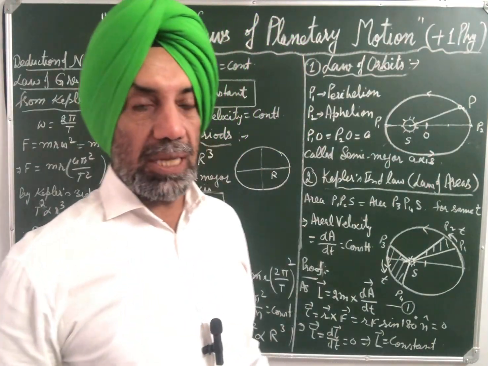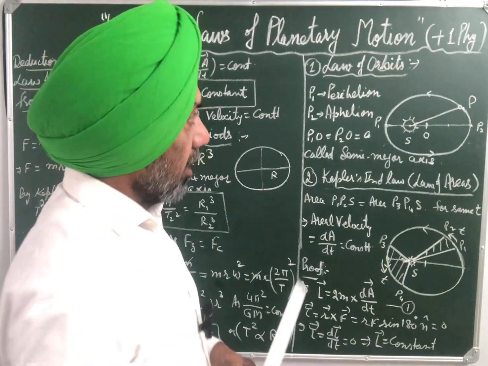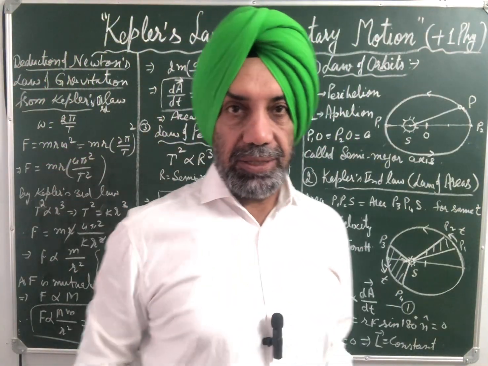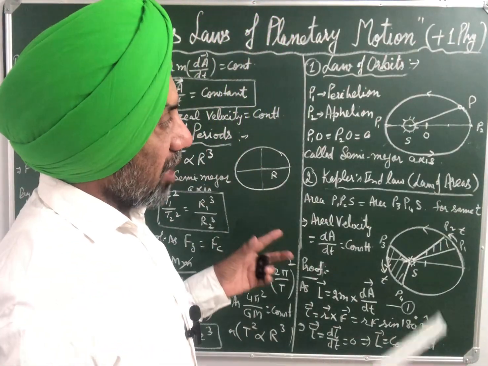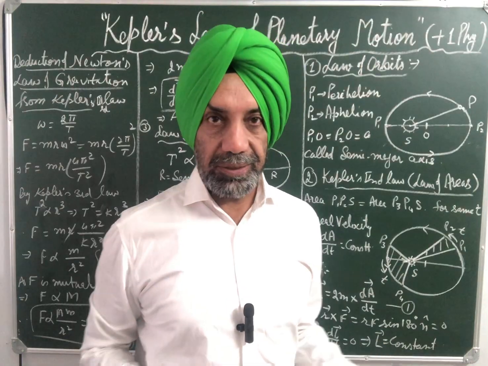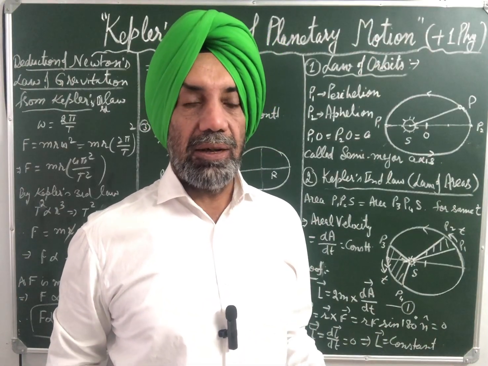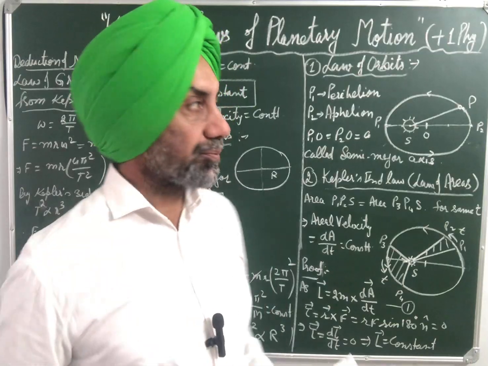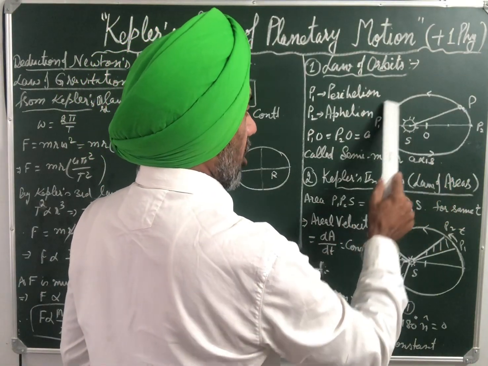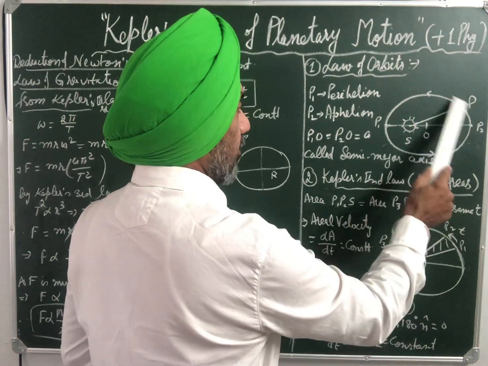Kepler's first law is known as law of orbits, which states that each planet revolves around the sun in an elliptical orbit with the sun at one focus. So planet P is revolving around the sun in an elliptical orbit.